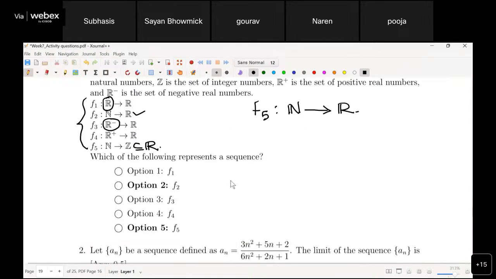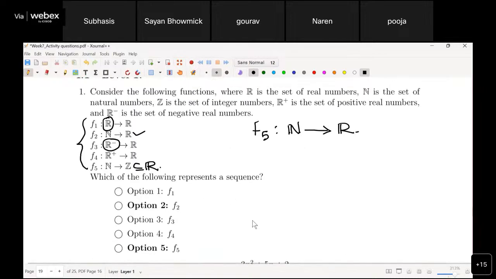So this is the correct answer. Again, let me repeat: a sequence is nothing but a function from the set of all natural numbers to R.